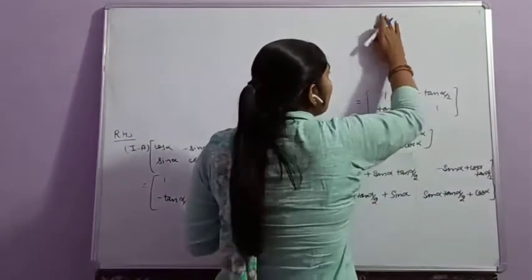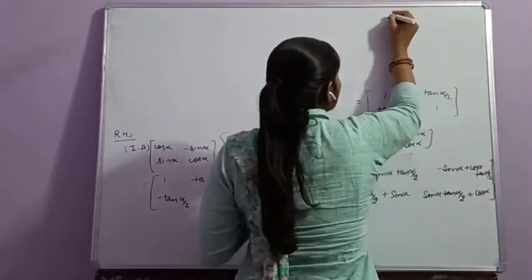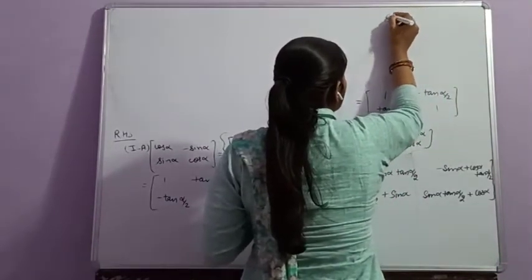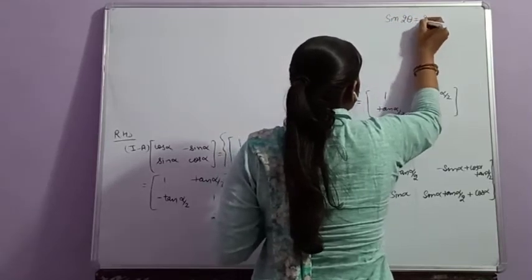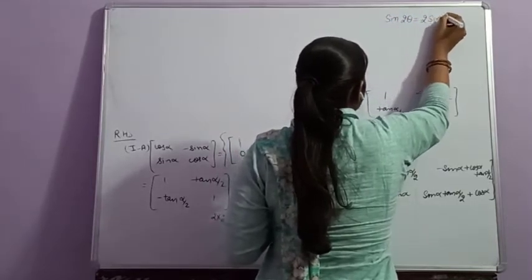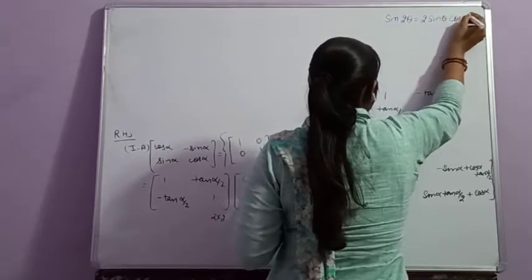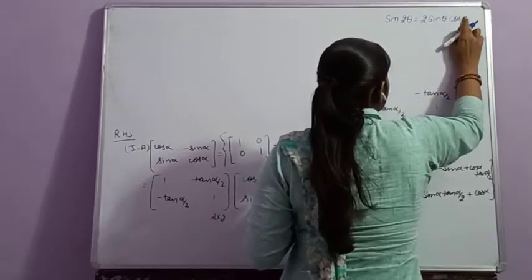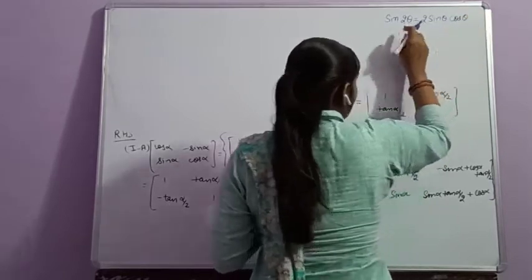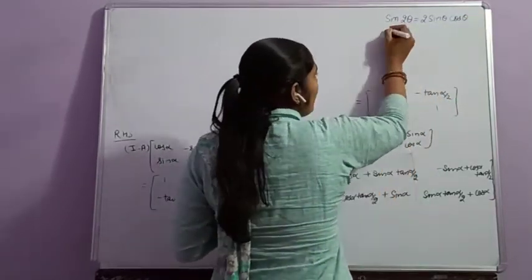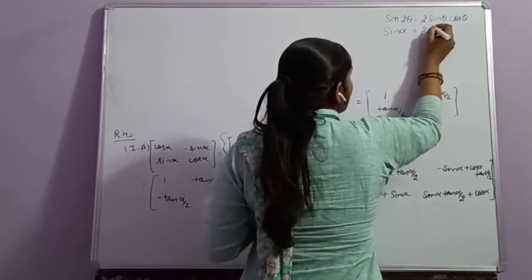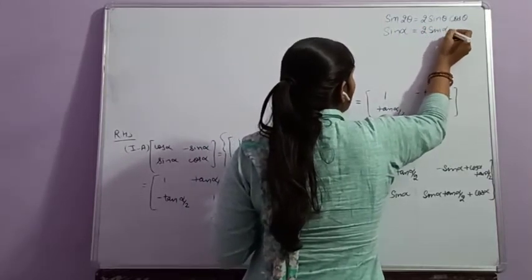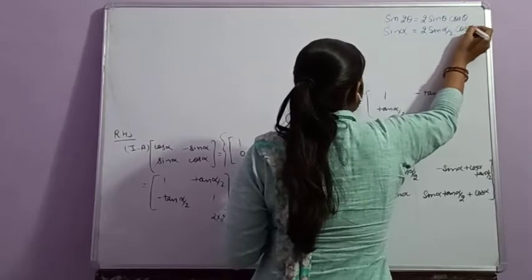As we know that sin 2 theta is equal to 2 sin theta cos theta. Here 2 theta is replaced by alpha, so sin alpha will be 2 sin alpha by 2 cos alpha by 2.